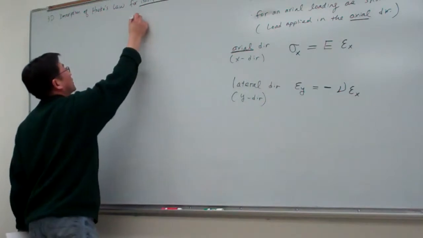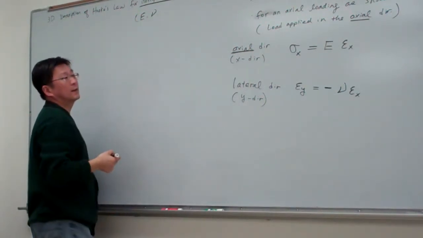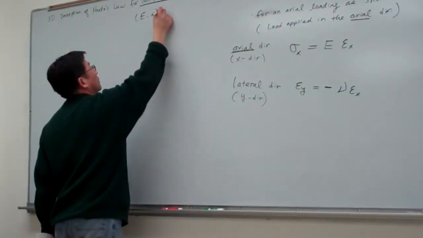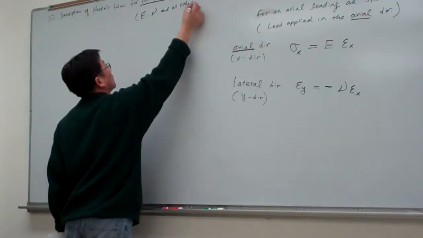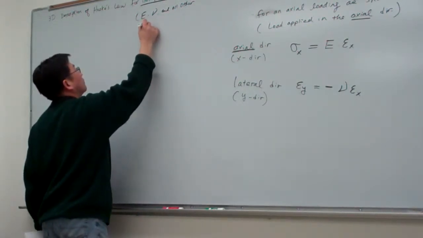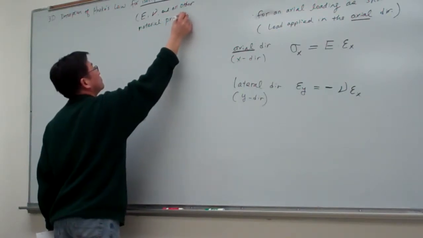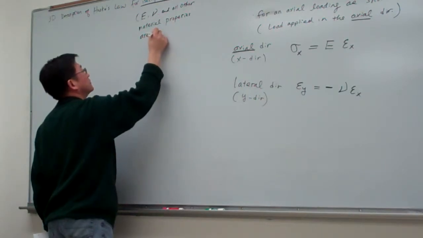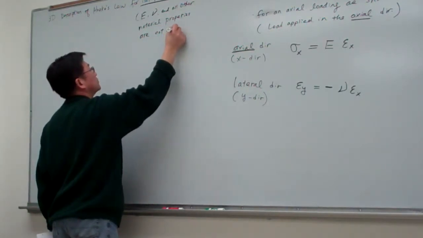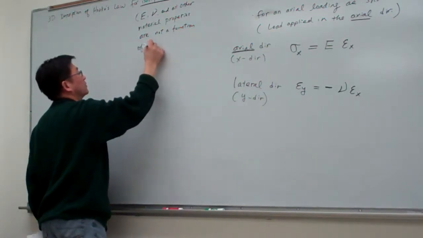Isotropic material, that means the E, Poisson ratio nu, and all other material properties are not a function of the directions.